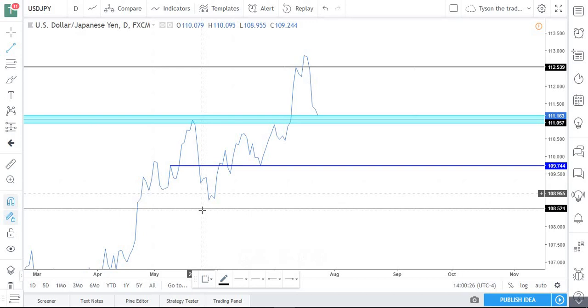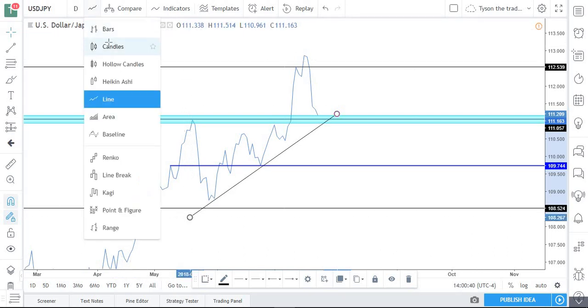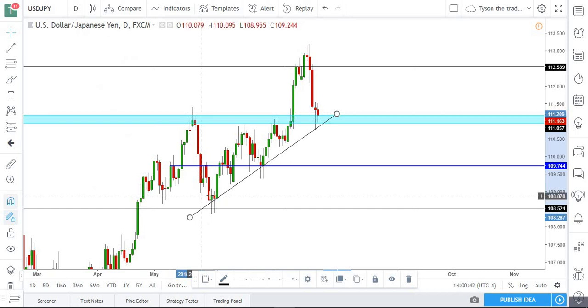So now let's connect our higher lows here. Looking at our candles over here, we can tell that when prices try to break below, the bulls keep on pushing this market higher. And on numerous attempts, the market kept on pushing higher when it came back here.